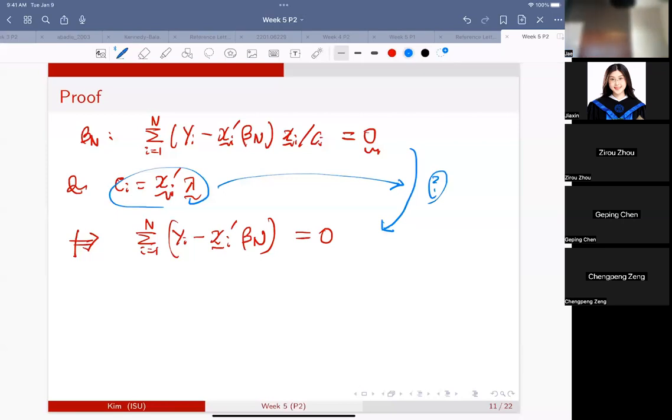Probably you are tempted to first apply the transpose and then multiply by lambda. If you transpose, then you can use this: x_i prime lambda is equal to c_i, and c_i divided by c_i is 1.